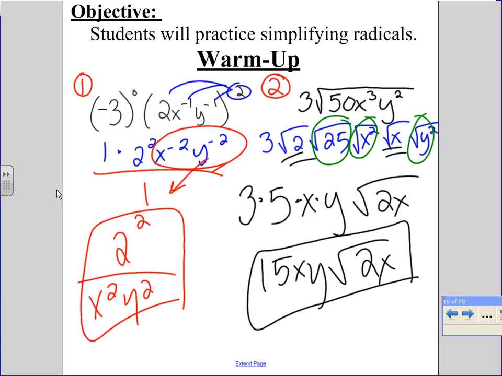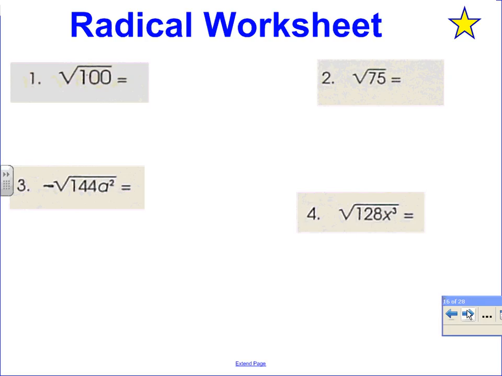Okay, page 2 in your packet. Let's go through these answers. And then we're going to do some more practice together, and then I want you to try some on your own. Okay, so number 1, John. Good, 10. Number 2. Good, 5 square root of 3. Number 3. Good, -12a.